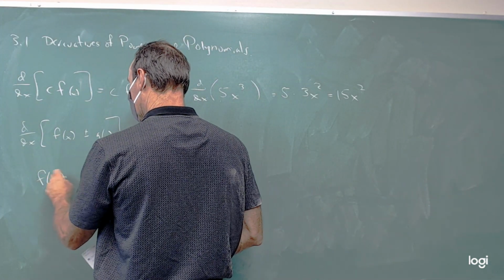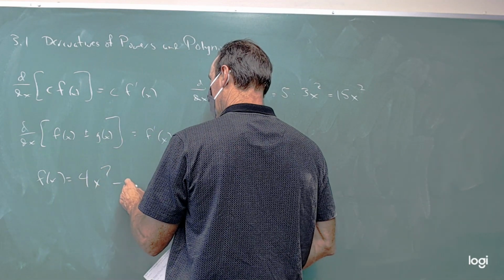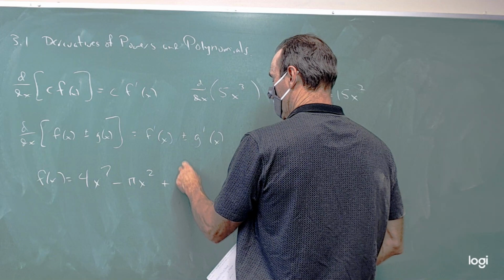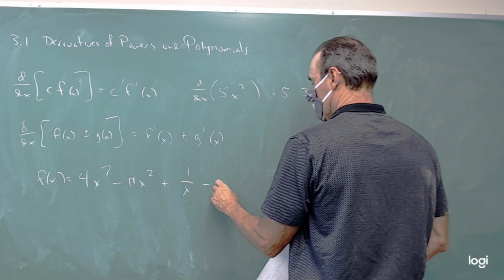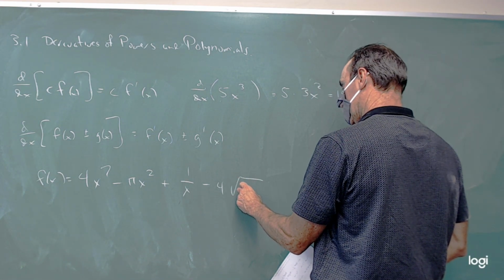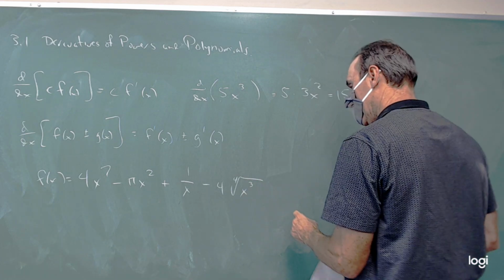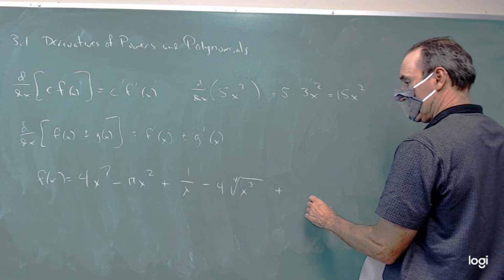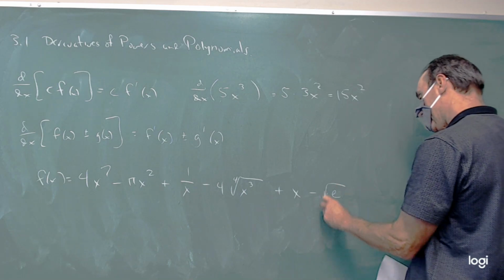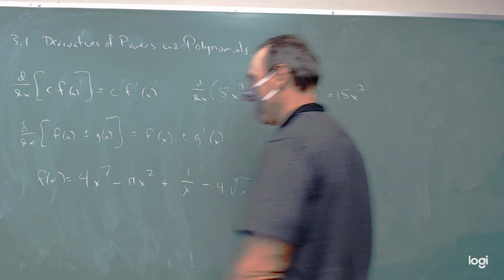So if we say f of x is, let's say, 4x to the 7th minus pi x squared plus 1 over x minus 4 times the 4th root of x to the third plus x minus the square root of e, then we know how to take that derivative, don't we? Maybe that's aspirational.